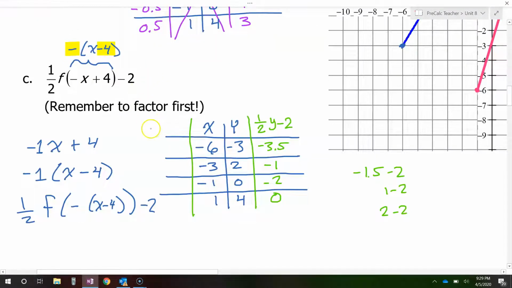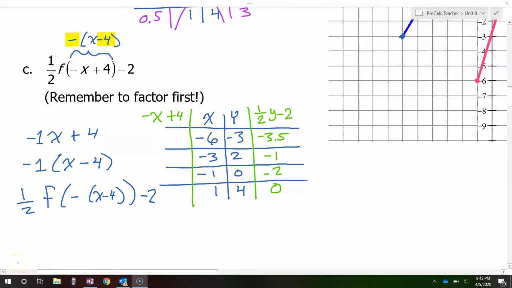Okay, so yes, I'm going to be doing negative to these x values, but also I need to add 4. Okay, I need to do a plus 4 to this. So the opposite of this is 6, and then plus 4 would be 10.